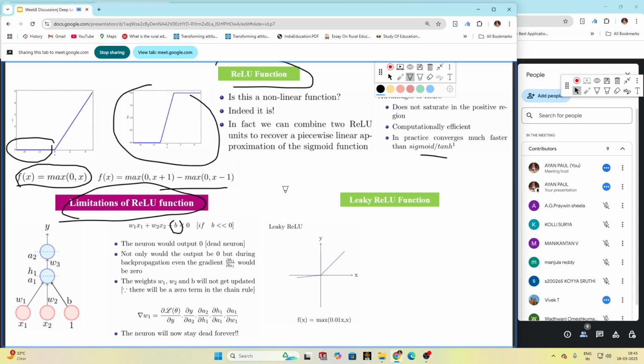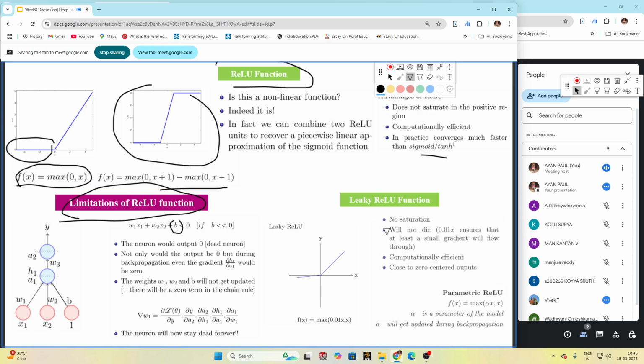So you can combine these two problems into one problem: we have this problem in the negative region. For the positive region relu does not have any problem, but for the negative region we have the problem with relu. To deal with this, we have come up with the leaky relu function.